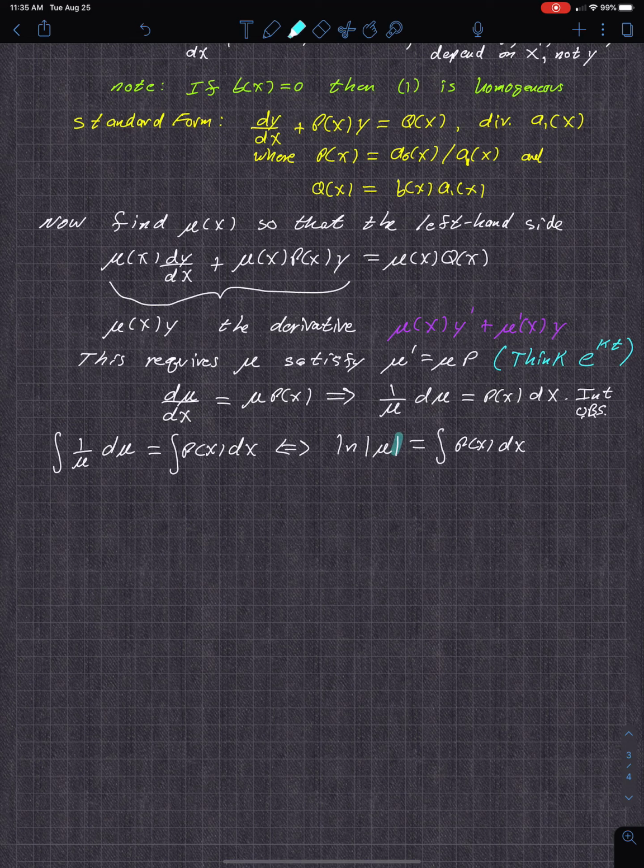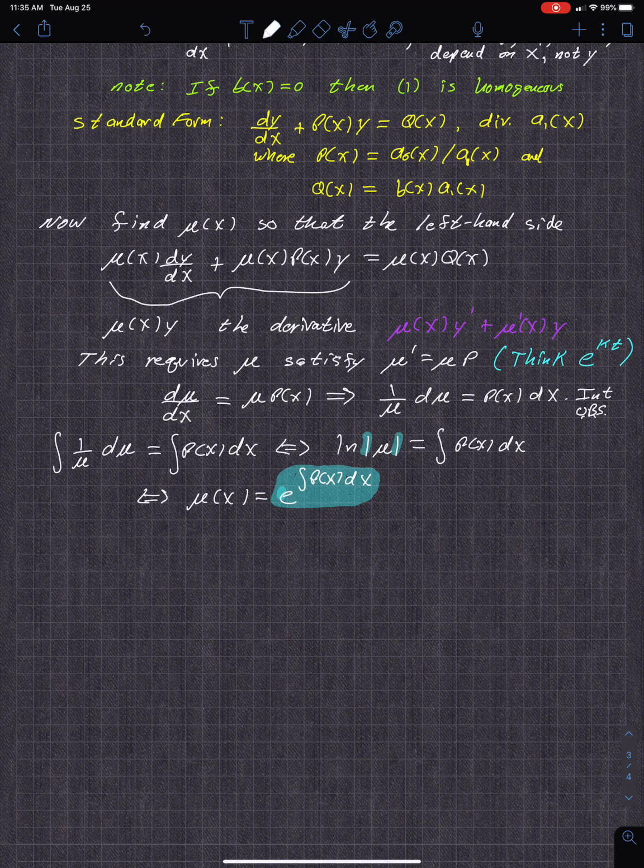What you get is mu of x equal to e raised to the integral of p of x dx. Because this is always positive, you can drop those absolute values.